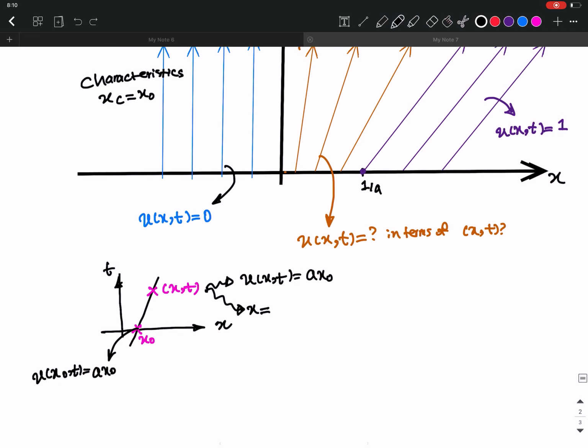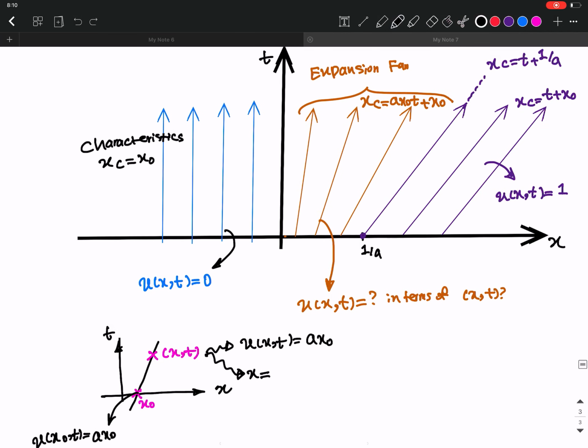So the equation is going to be x equals a x0 t plus x0. So I have these two equations. These are the known things, and I want to find u(x,t) from here. I want to replace this x0 from this equation to find a relation only based on x and t. If I factor out x0 on the right hand side, I get x0 (at plus 1), right?